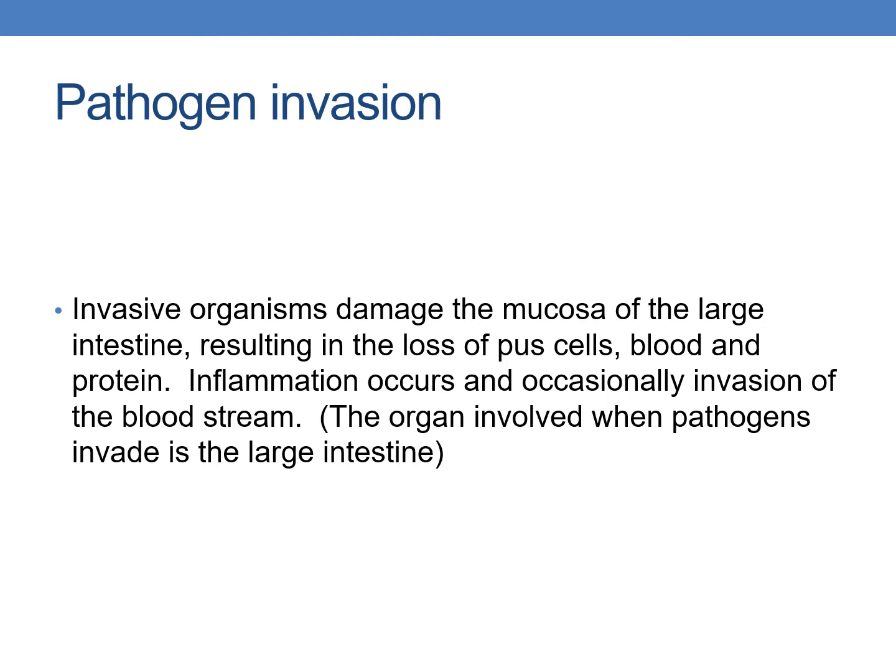In the case of the invasive pathogenic diseases, the organ that is involved is the large intestine. Some organisms associated with invasiveness would be Yersinia pestis, Yersinia enterocolitica, Campylobacter, Shigella, Salmonella, and then a parasite known as Entamoeba histolytica.